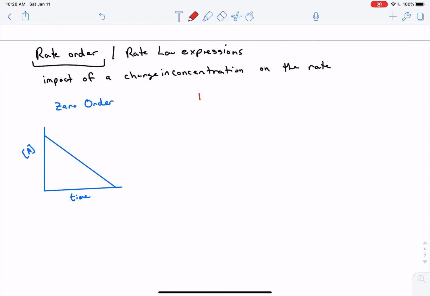A first order reaction means that whenever I change the concentration, I change the rate by the same amount. Okay?